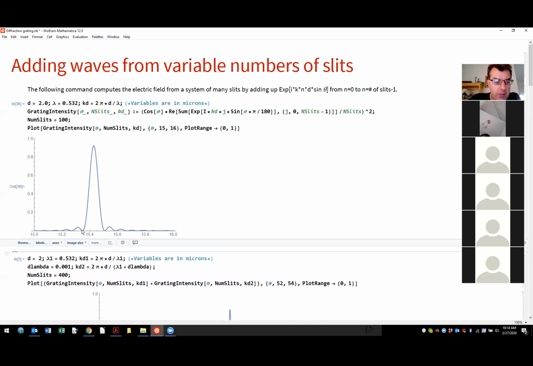We double the number of slits, and now we're going from maybe 15.35 to 15.5, roughly.